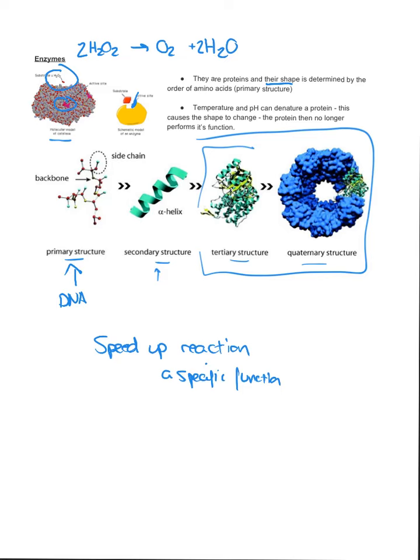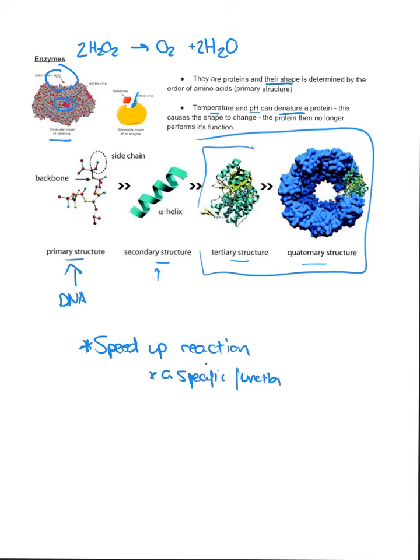It only works with hydrogen peroxide. So enzymes are specific, is what we're saying. All right, so that's kind of a brief introduction. Now, things like temperature and pH can what we call denature a protein. They can change its shape, and we'll talk about that later, but it won't allow it to function.